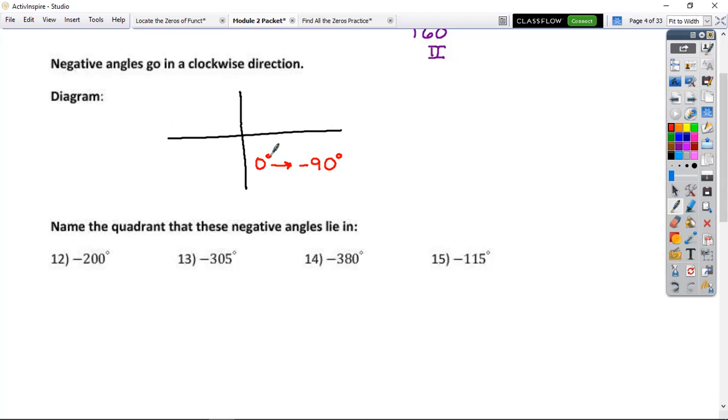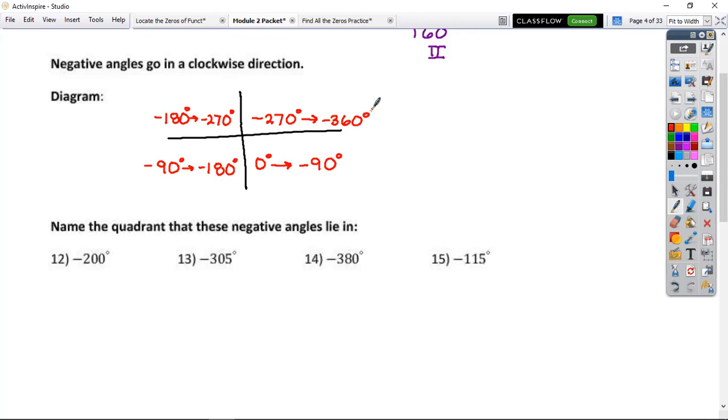And then the next quadrant, I'm going to go from negative 90 to negative 180. So that's going to be placed there. And then next, I'm going to go from negative 180 to negative 270. And lastly would be from negative 270 all the way to negative 360 degrees.